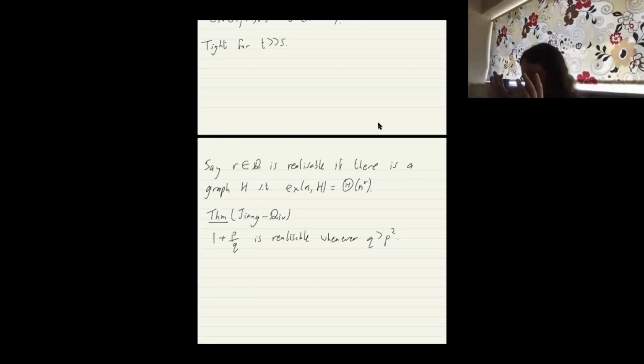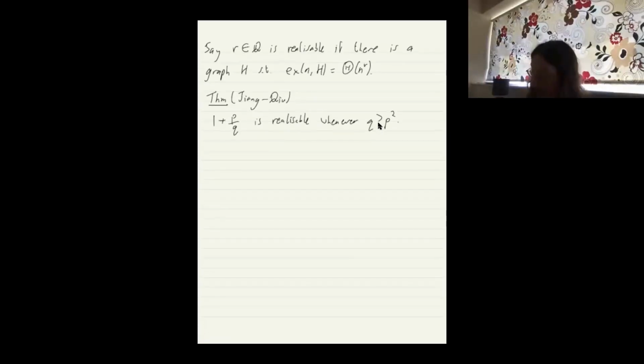But let me give you at least the flavor of what's actually going on here. So where are these kinds of results coming from? They're actually coming from variations on this subdivision conjecture. So here's another definition.